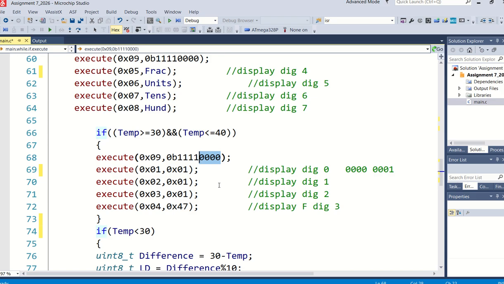I must tell it which segment must come on. And if I do this, it actually means the G segment is on only. The same happens to the second display and the third display. And that F, as I've shown, is actually hex 47. So if that is the case, we know there's an F and there's the G on, the G on, and the G on.